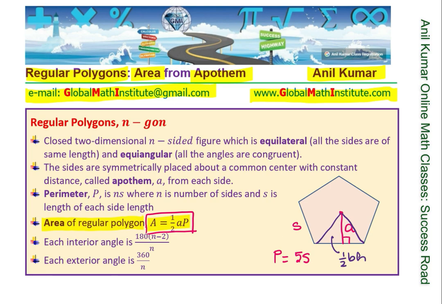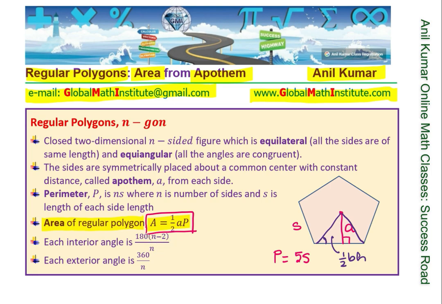Now, many times we need to figure out what these angles are, because from the apothem we can find the side knowing the angle. So for that, we have two angles to look into. One is the interior angle. The interior angle for any polygon is 180 times (n minus 2) divided by n.